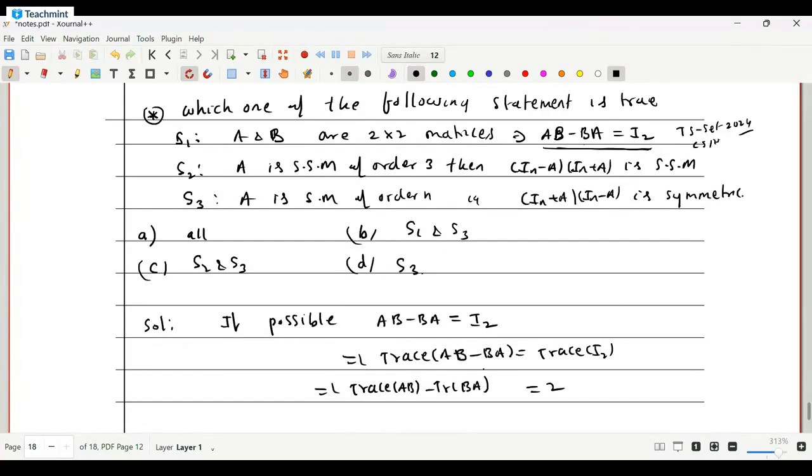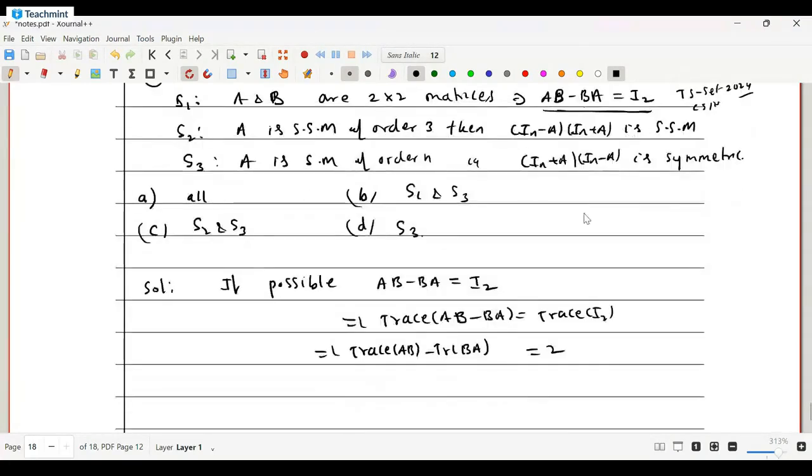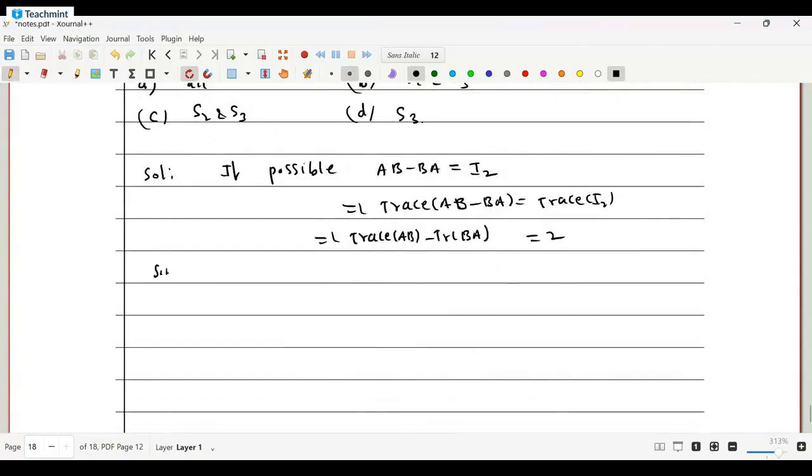Trace of AB is equal to trace of BA, so substituting in this one, you will get 0 is equal to 2. Is it possible? Which is a contradiction. So therefore, AB minus BA is never equal to I2. The trace of AB minus BA is always 0.